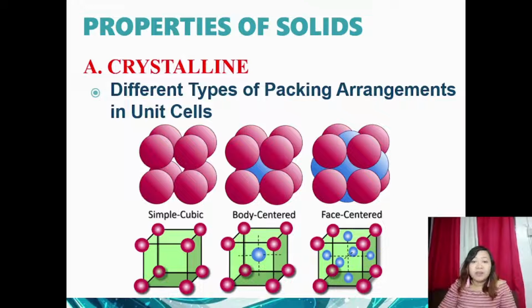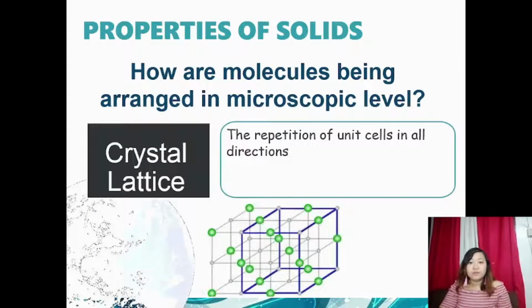Aside from that, we have the packing arrangement types, which can be categorized as simple cubic, body-centered, and face-centered. If these unit cells come together, it forms a crystal lattice. This crystal lattice makes the shape of the overall external structure of the crystalline solid.